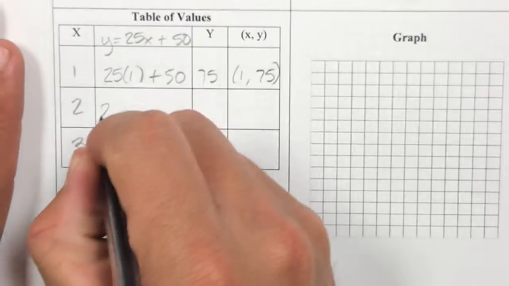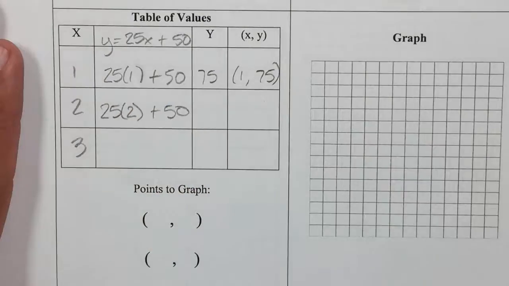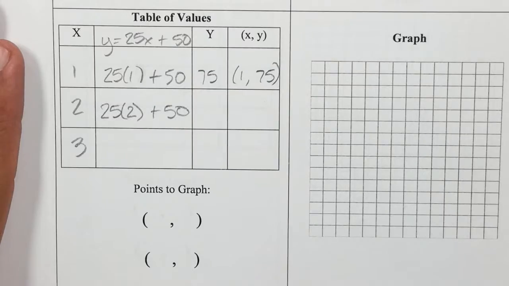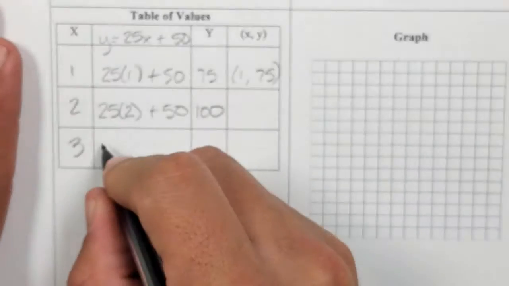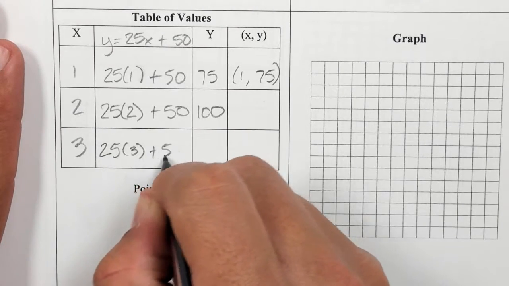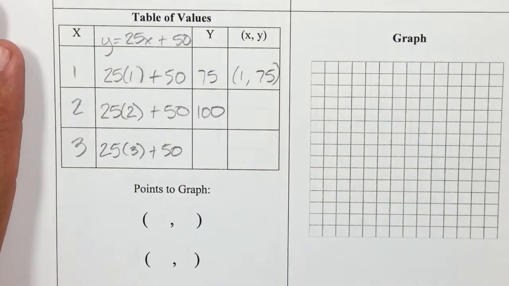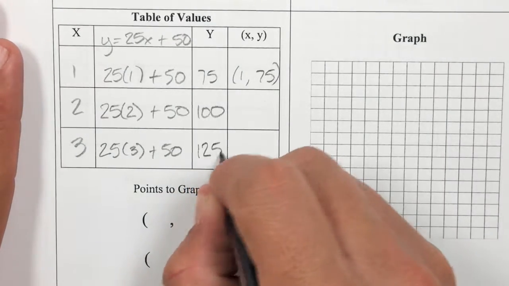The next one, 25 times 2 plus 50 is 25 times 2, 50 plus 50 is 100. You can probably guess what the next one's going to cost. If he comes out there for 3 hours, 25 times 3, 75 plus 50 more, it's 125.